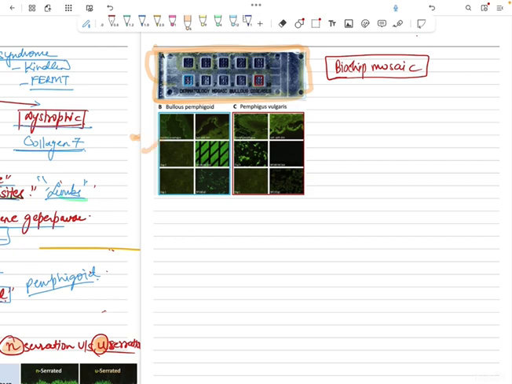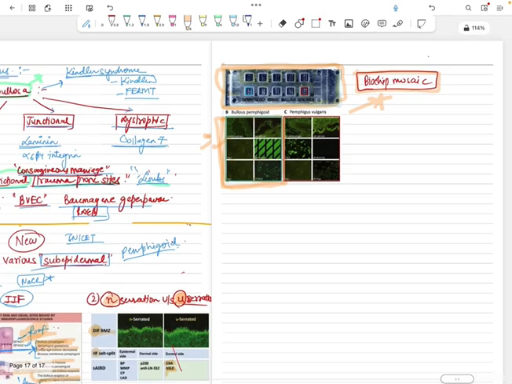Monkey esophagus, salt split, desmoglein 3, desmoglein 1, BP180, BP230, and we can identify many autoimmune bullous conditions in one go. So what is this? You just remember the name. This is biochip mosaic. This can be a question.